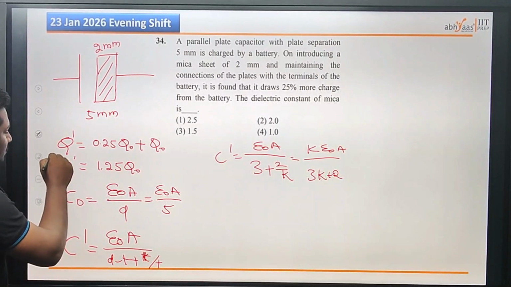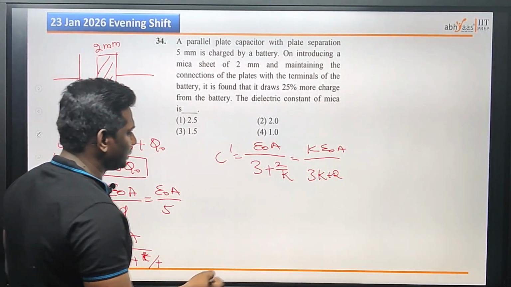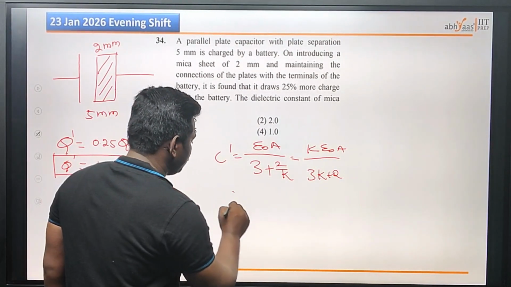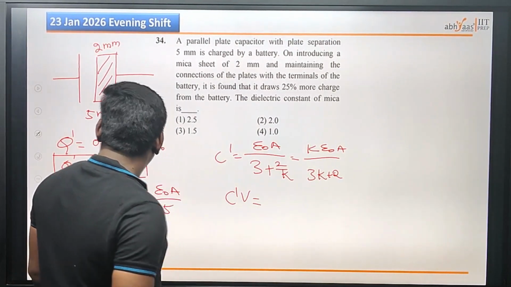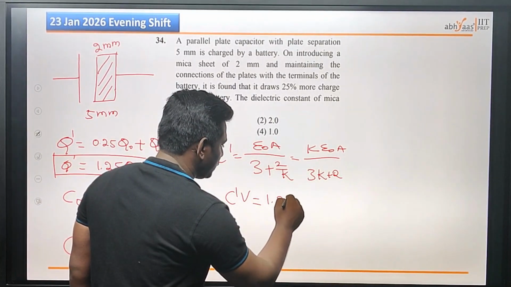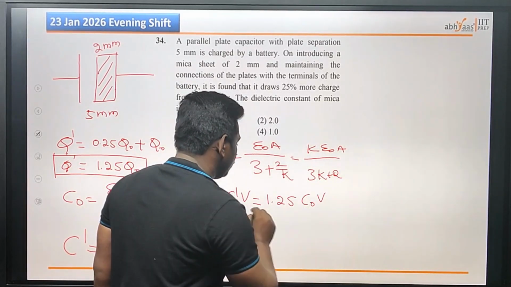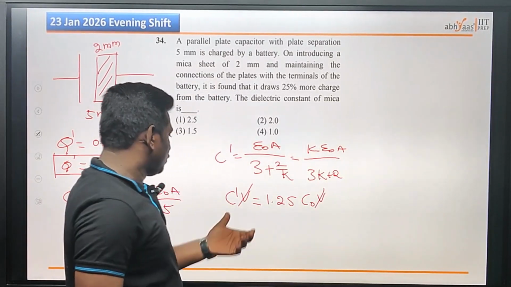They have given the condition in terms of charge. So Q prime can be written as C prime V, and 1.25 times Q naught, that is nothing but C naught V. The potentials are the same.